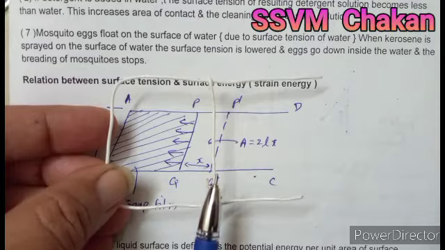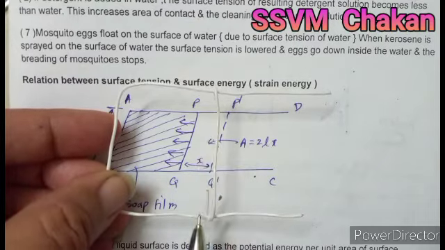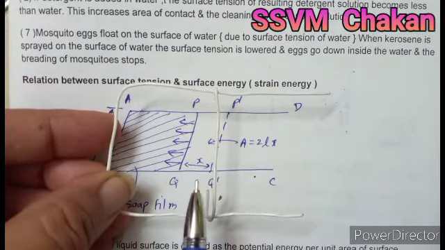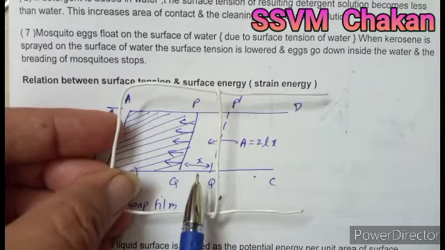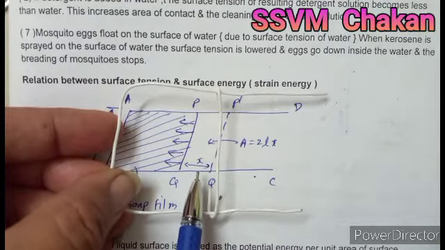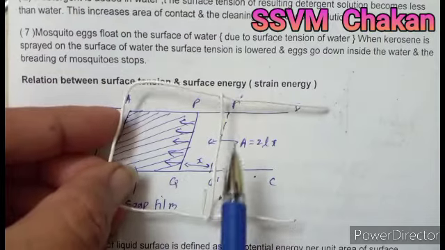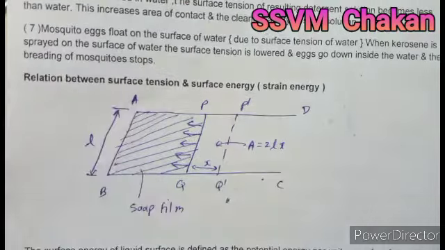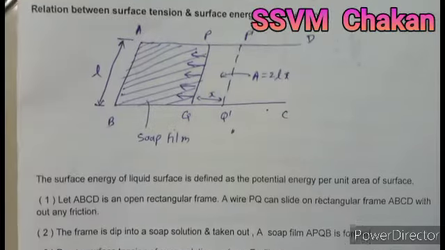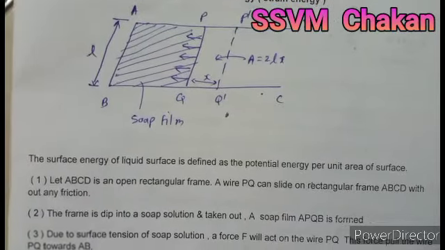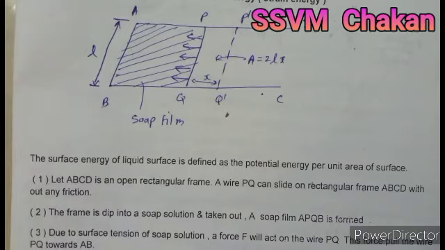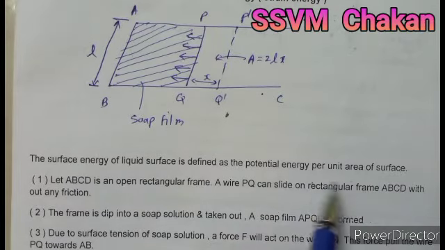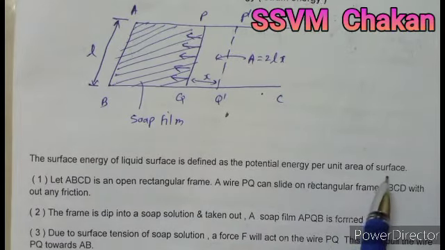When you slightly pull this wire PQ in the outward direction by applying a very small force through a distance x, then we get the new position as P dash and Q dash. The surface energy of a liquid surface is defined as potential energy per unit area of a surface.